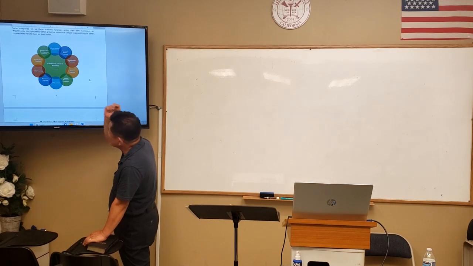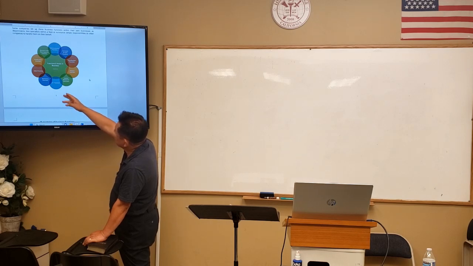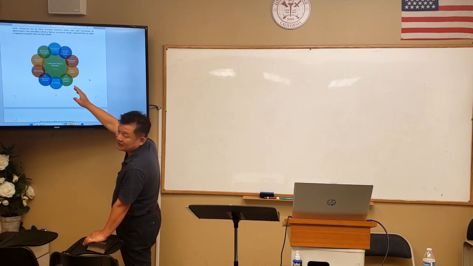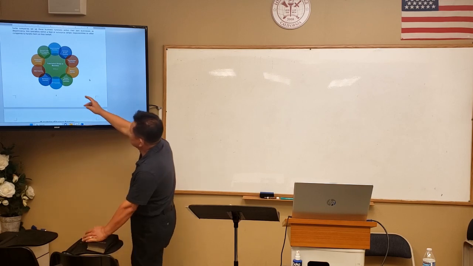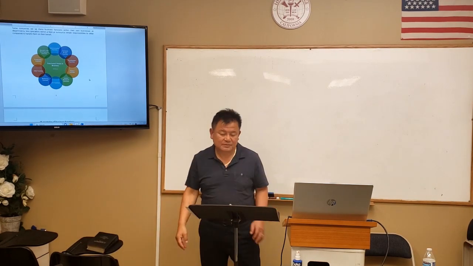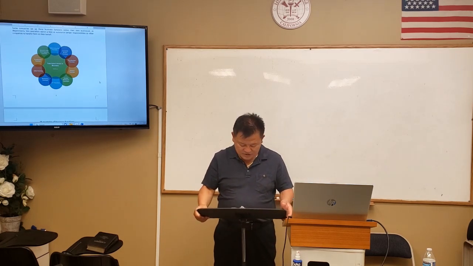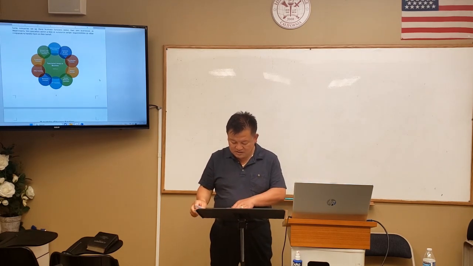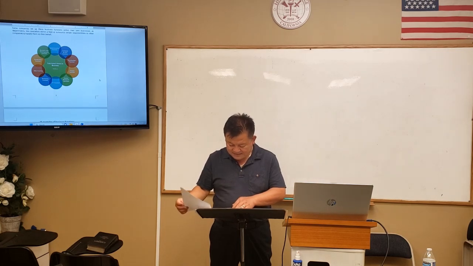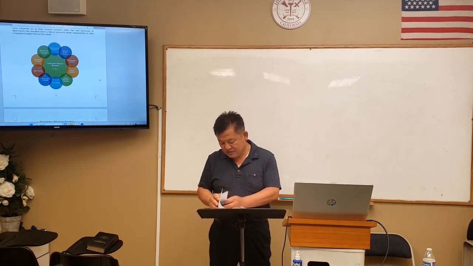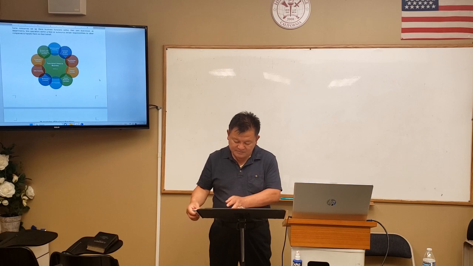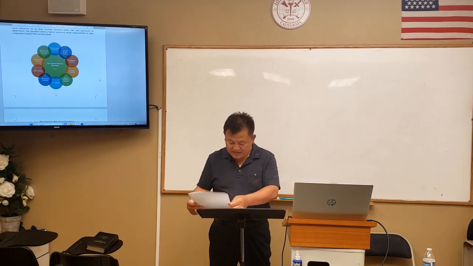Then the marketing function, sales function, production function, and research and development, R&D function. These are examples of functional areas of business, especially related to international business. I write them for you as a review.